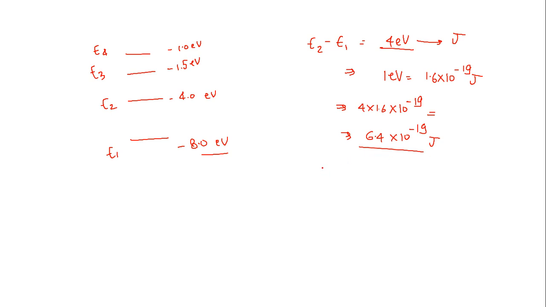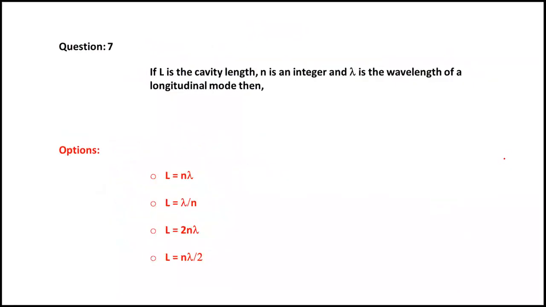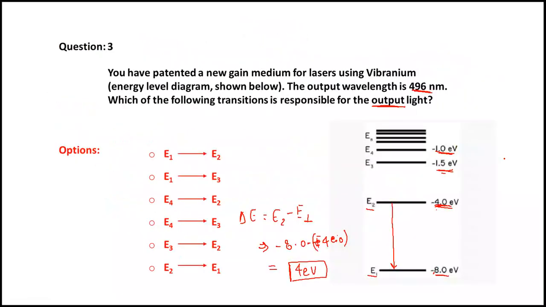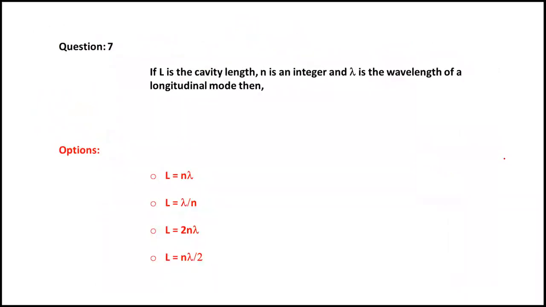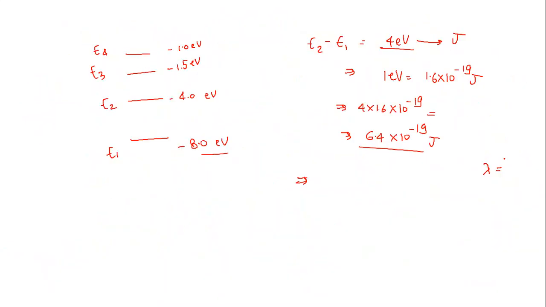Okay. And the second thing was, I'll just compare the value. So what was the wavelength of light? That was 496, right? That wavelength of light was 496 nanometer. Okay. So I'll convert this to joules.